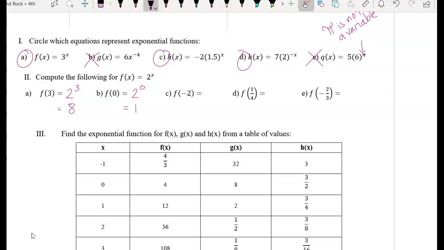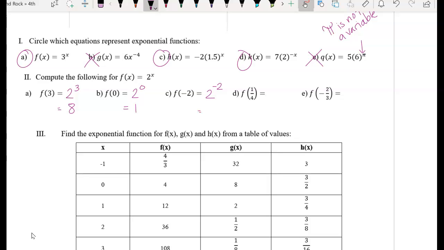Then, now here's where it gets interesting. If I'm inputting negative 2 in for x, how do I deal with a negative exponent? Yes, you create a fraction and put the entire term into the denominator.